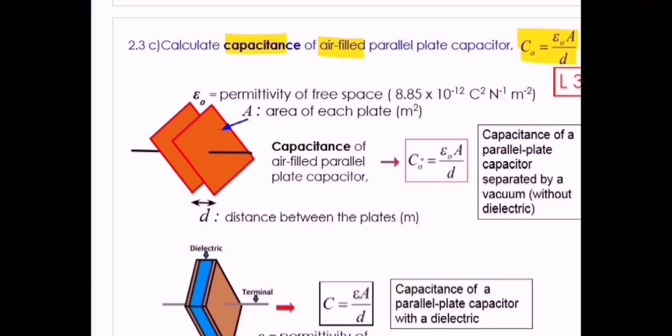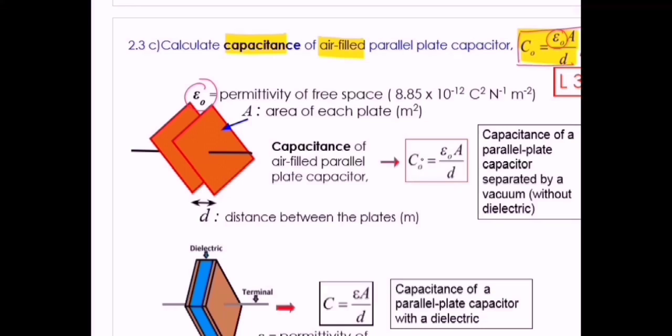When it's an air-filled parallel plate, we use epsilon naught here, which is the permittivity of free space, because there's nothing in between. So this is another equation to calculate capacitance.